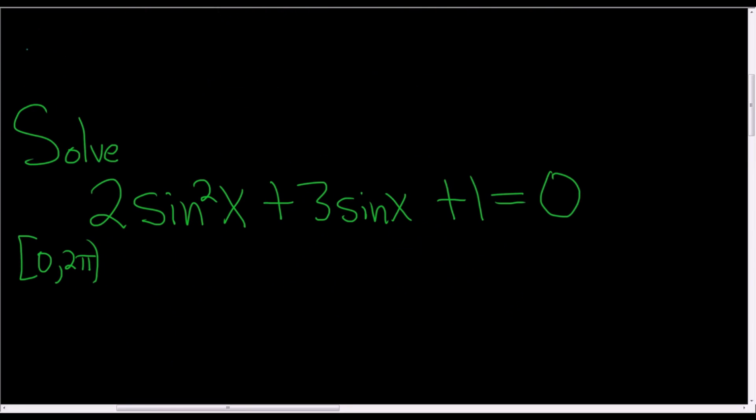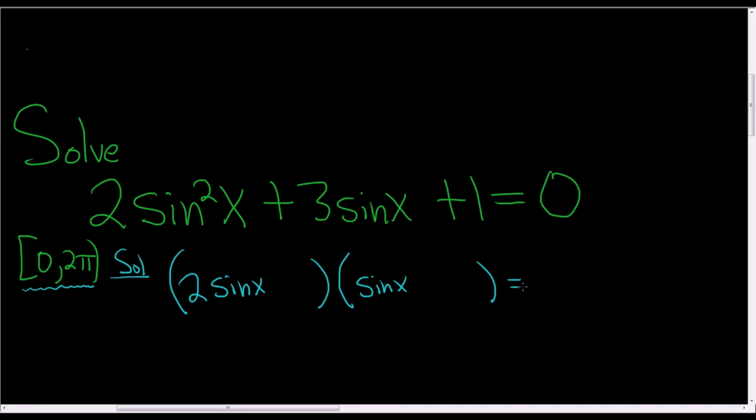And that's it. Solve 2 times the sine squared of x plus 3 sine x plus 1 equals 0. And we're looking for all solutions to this equation over this interval here. So solution. Let's go ahead and try to factor this. So 2 sine x in one set of parentheses, and sine x in the other. And let's see, 2 sine x times sine x, that's going to give us 2 sine squared.